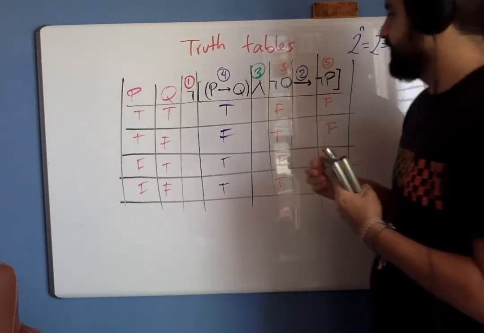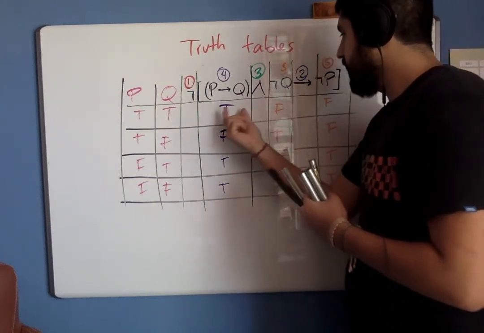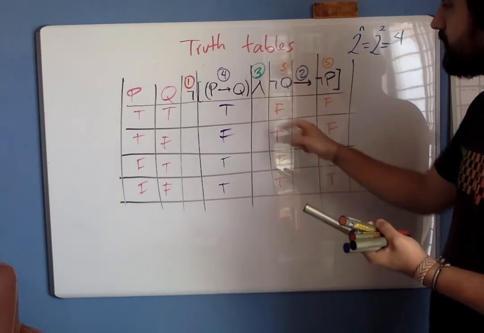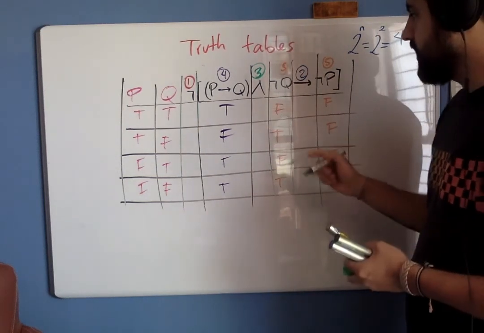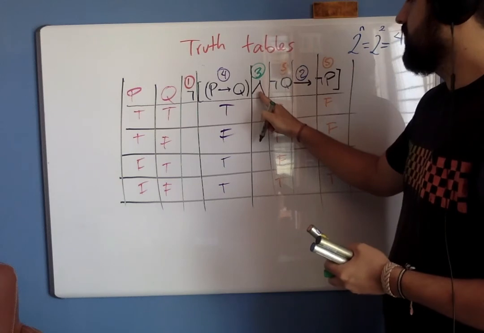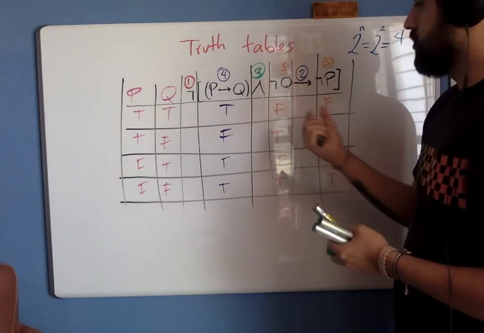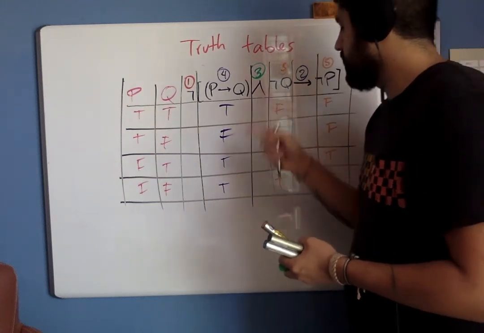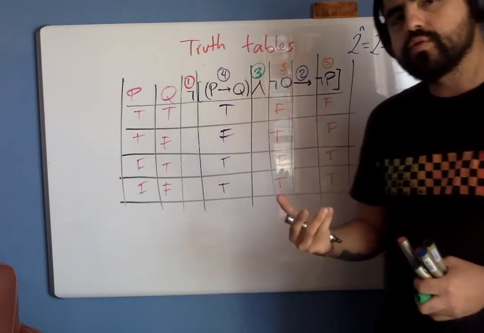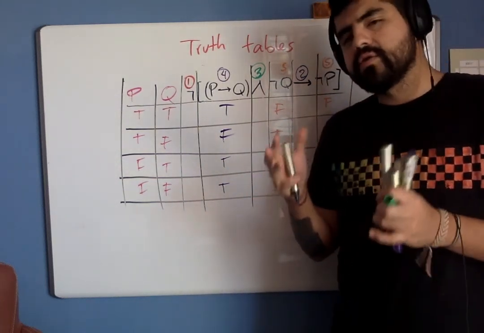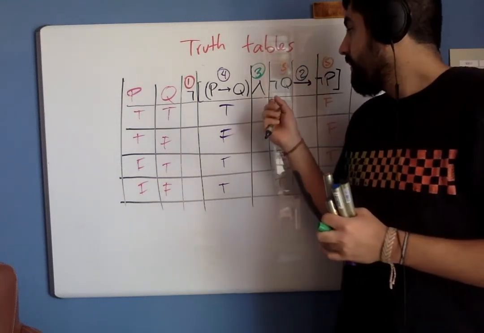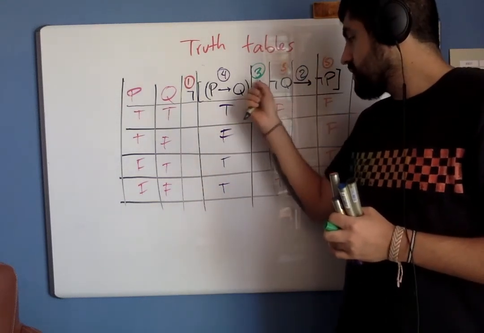Now, once I already solved number 4 and number 5, I can now solve number 3. Number 3 is a conjunction. The conjunction is going to take into consideration number 4 and number 5. So in this sense, remember the rule of the conjunction. The conjunction is true when both of the components of the conjunction are true.